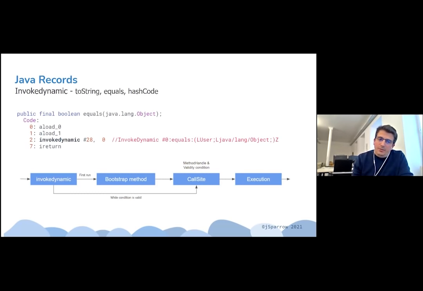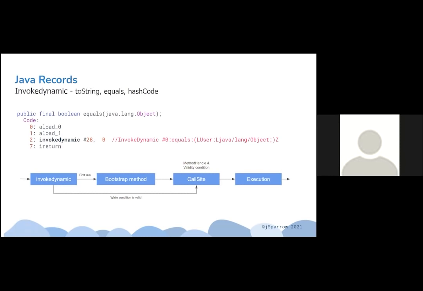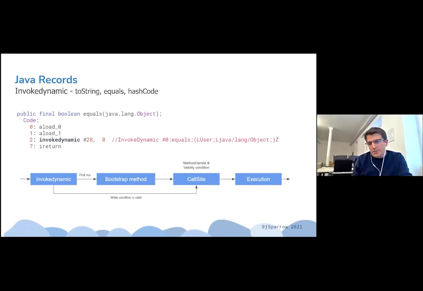The way that is done is, as soon as the Java virtual machine sees an invokedynamic invocation, it calls a method called the bootstrap method, which is responsible for generating a call site. The call site then contains a method handle and a condition which encapsulates the code that will actually be executed.